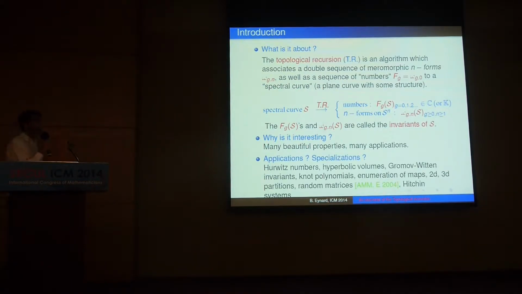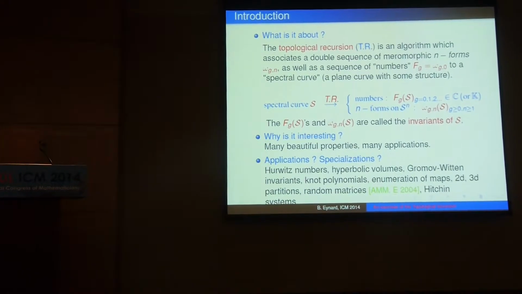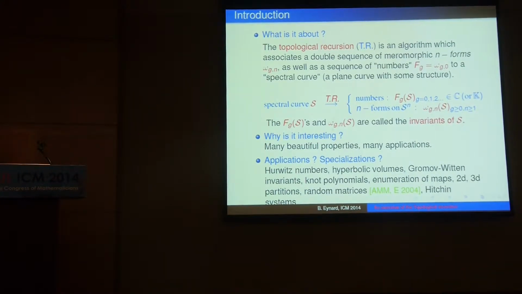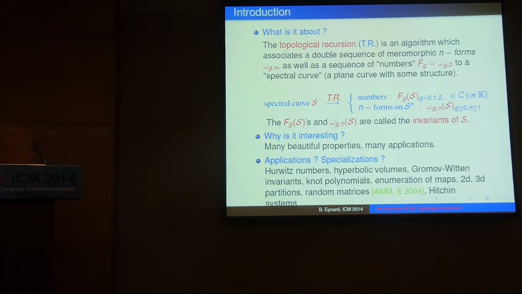Another reason why they are interesting is because they have many applications. Many specializations of those invariants are invariants which were known by other methods, like Gromov-Witten invariants, the hyperbolic volume, which is what Mirzakhani's work is about, the knot polynomials, for instance the Jones polynomials, and many other things.